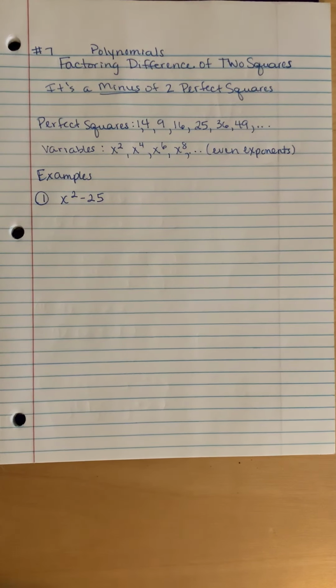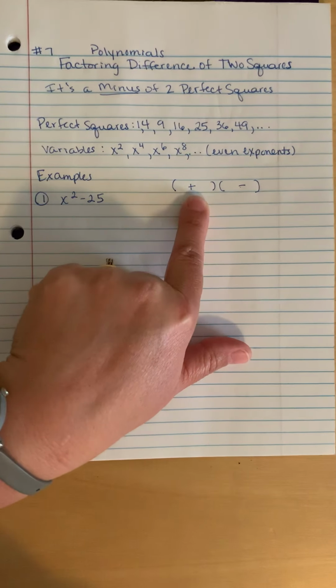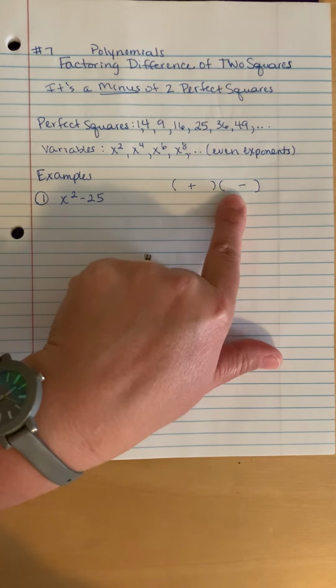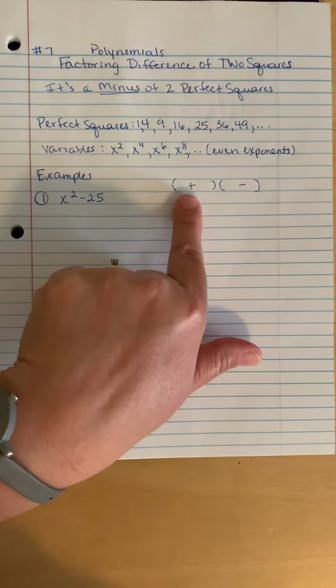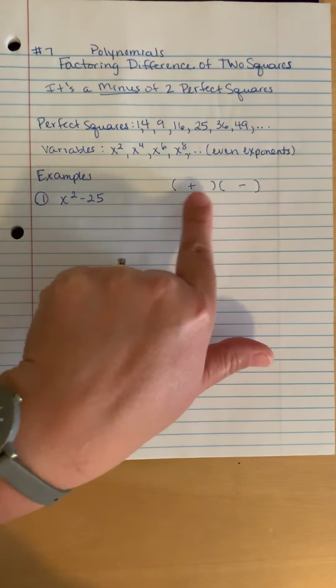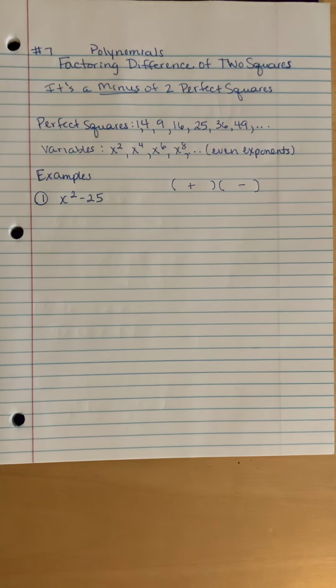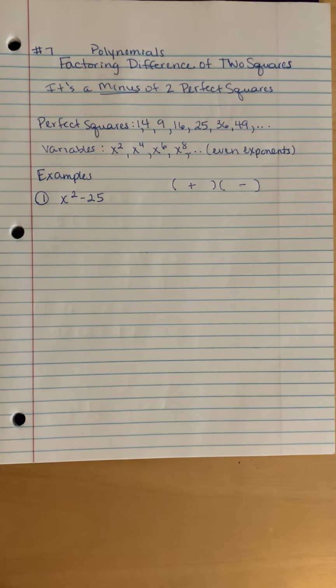Every parentheses is going to have some variable plus a number, a variable minus a number. So you're going to have a minus and a plus in each one of these. And think about that. How do you get a negative 25? Positive times a negative.